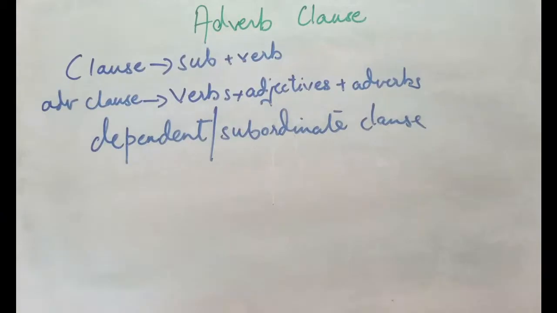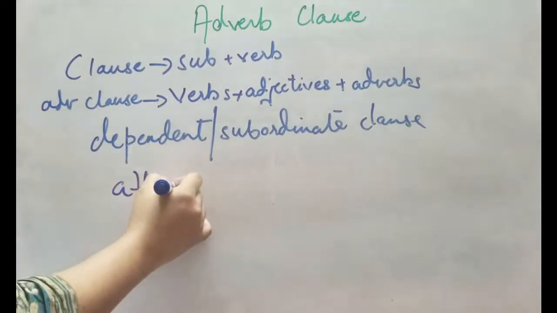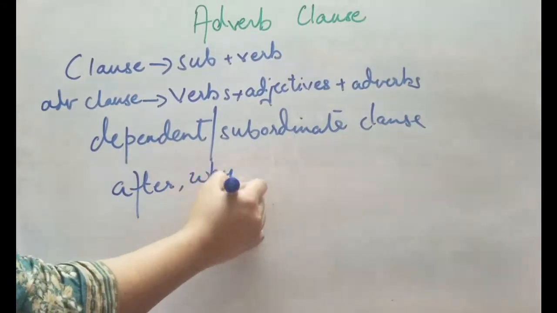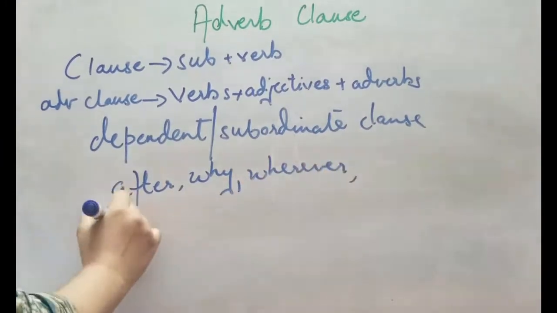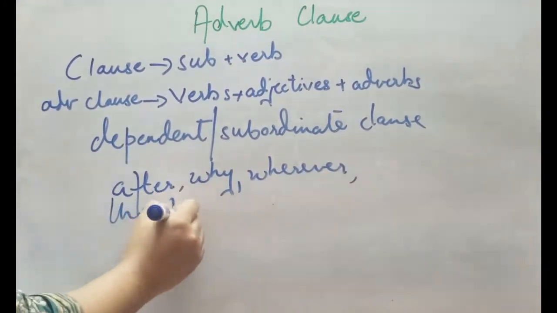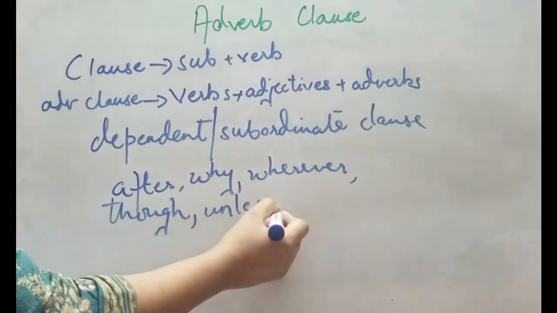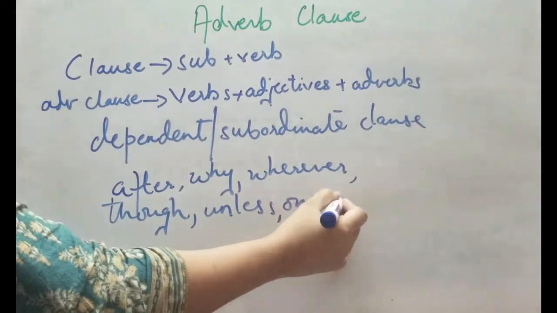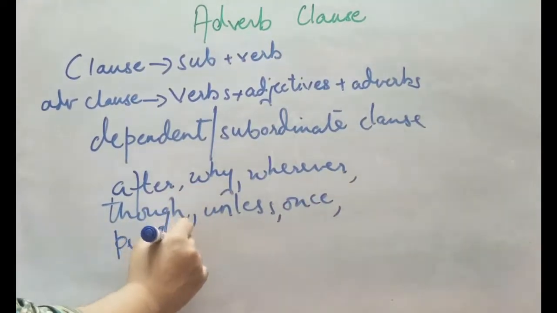I already told you that subordinating conjunctions are after, why, wherever, though. I'm giving some of the most common ones we use. Once, provided that, and the list goes on and on.